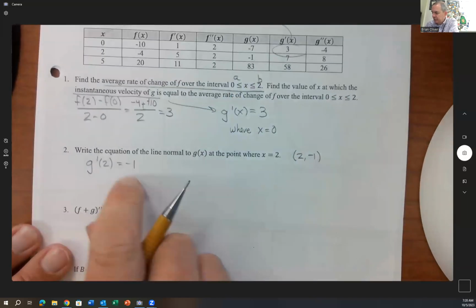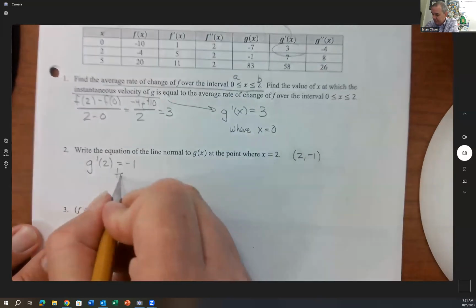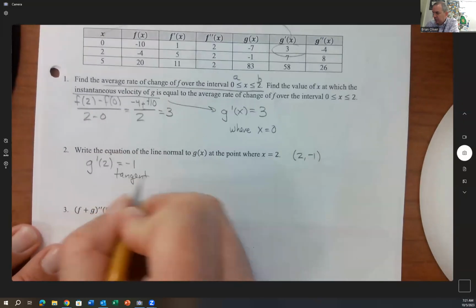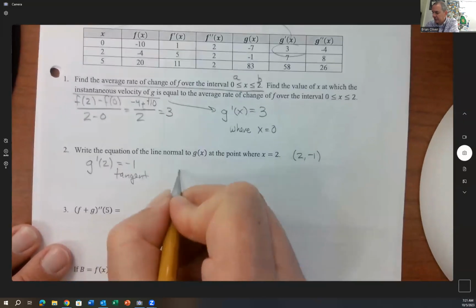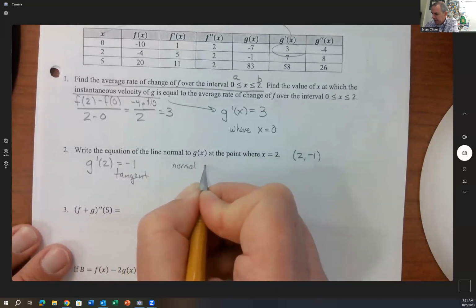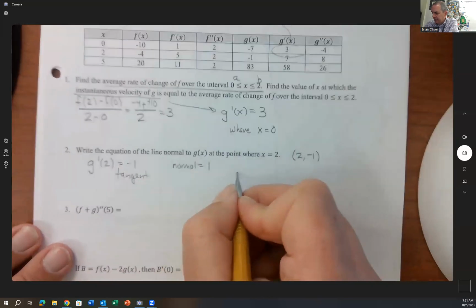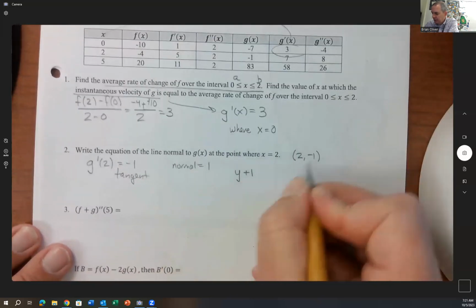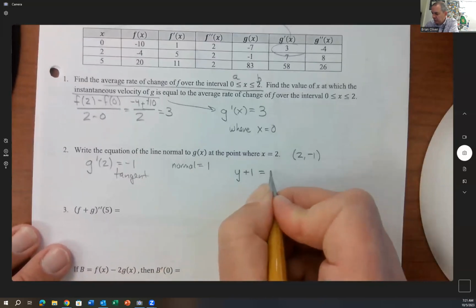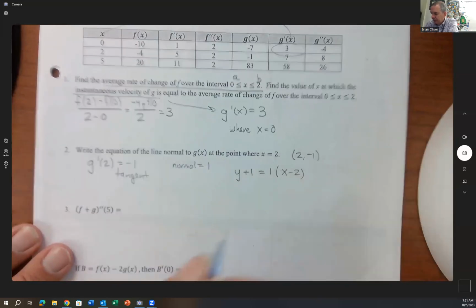So here's the deal. When I write this equation, I take the negative reciprocal of that, because that's the tangent. To get the normal, I take the negative reciprocal. So the normal slope is equal to 1. That's going to give me y plus 1 equals 1 times (x minus 2). And that would be g.